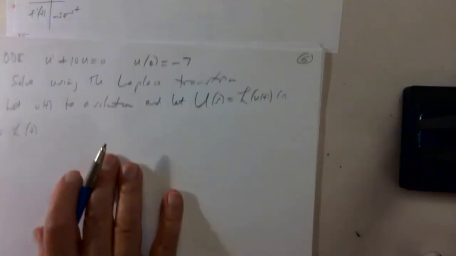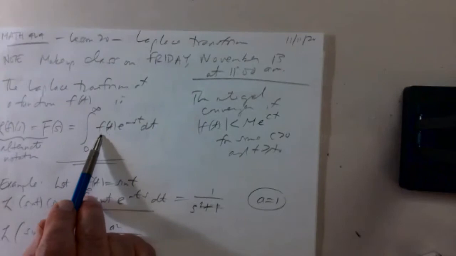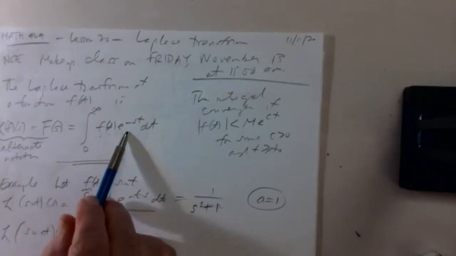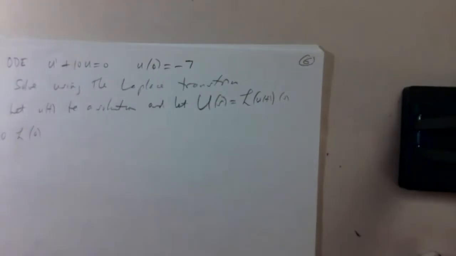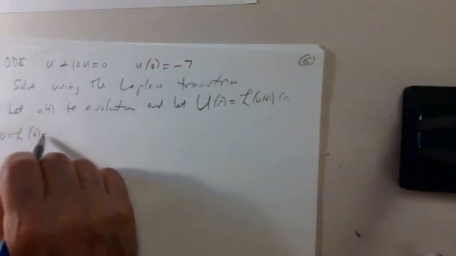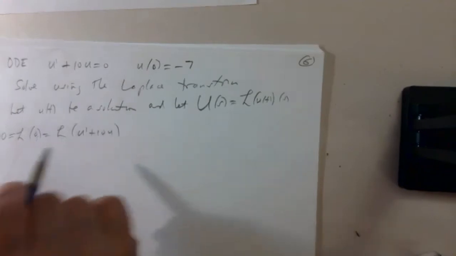Because here's the definition of the Laplace transform. If the function f of t is 0, we're just integrating 0, and the integral of 0 is 0. So that's pretty easy. So the Laplace transform of 0 is 0, but 0 is equal to u prime plus 10u.